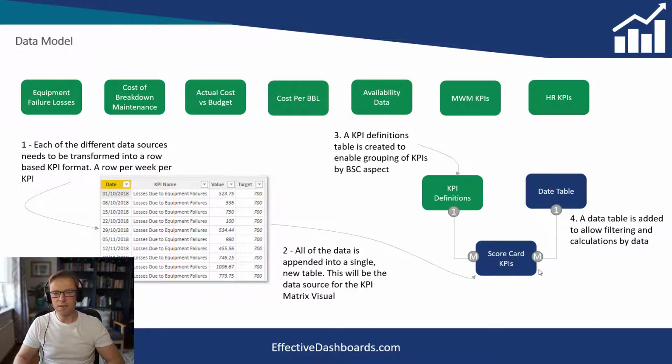I've got another video on a dates table, and I'll leave a link in the description. We're going to get a table that's got a continuous range of dates that we're going to link into this Scorecard KPIs table as well. This Scorecard KPIs table is going to be the one we use for most of the information that we're going to put into the matrix.